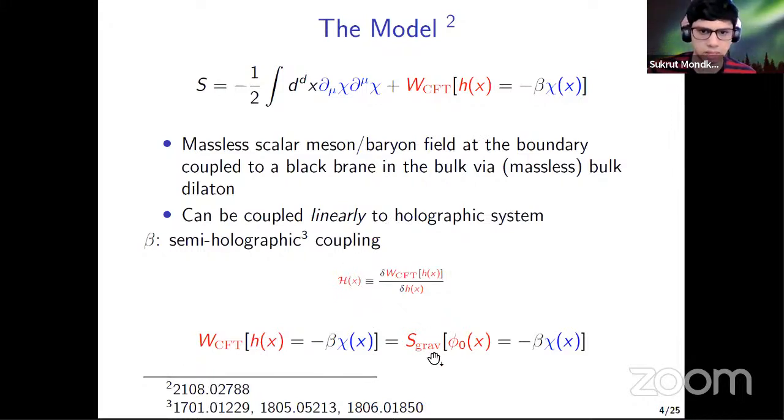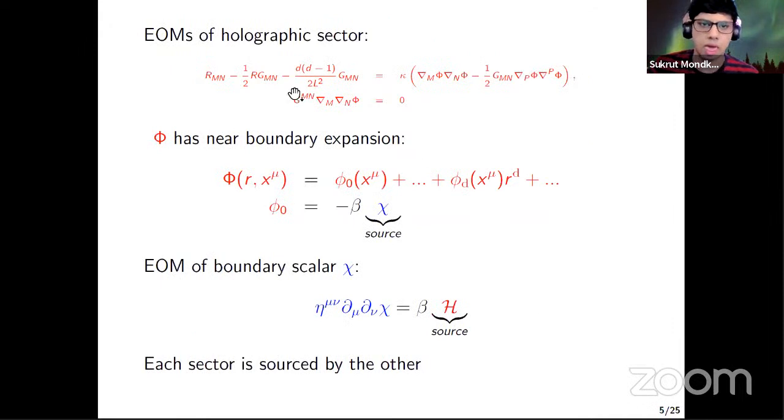According to the AdS/CFT dictionary, we have this relation where W_CFT is the same as the on-shell gravity action of the dual gravity theory, with the source small h replaced by pi_0, which is the leading term in the dilaton near-boundary expansion. These are the equations of the system. Firstly, the holographic sector has the Einstein equations and the Klein-Gordon equation for the bulk dilaton.